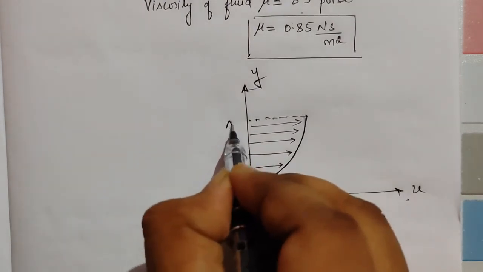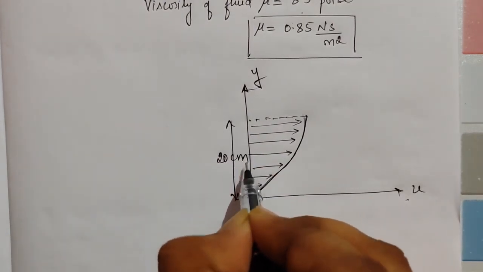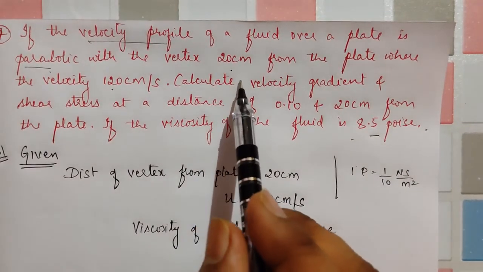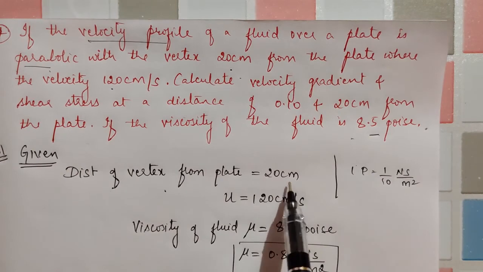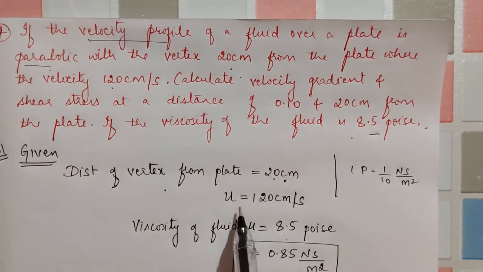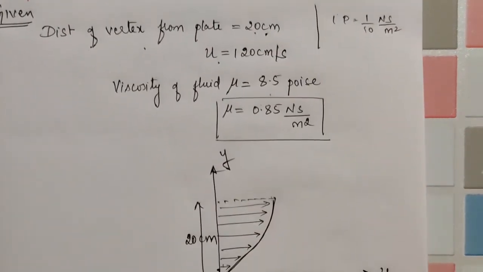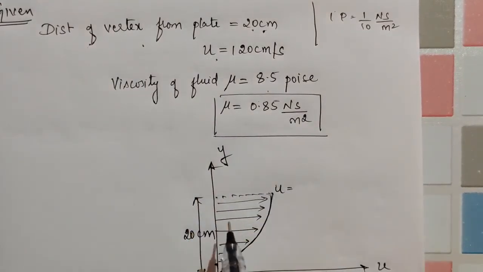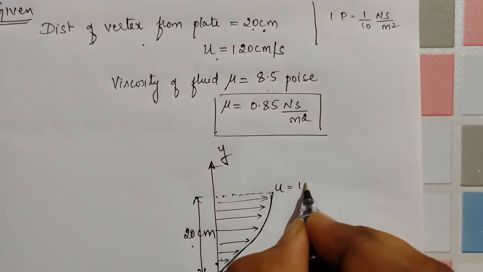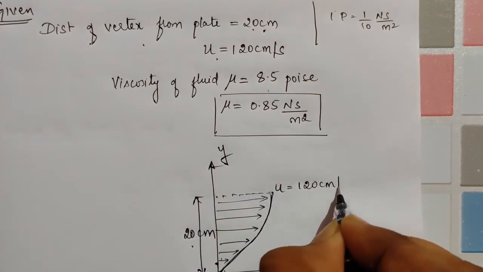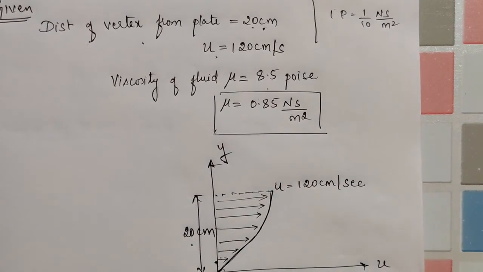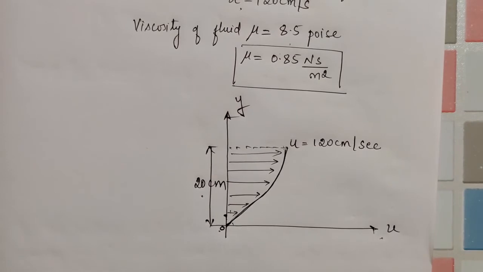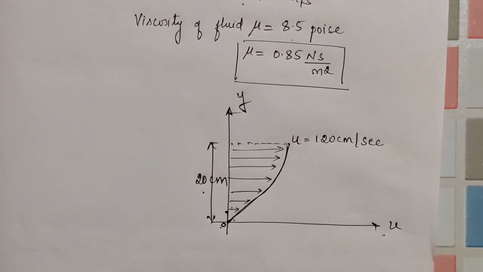When the distance of the vertex from the plate is 20 centimeter, the velocity is 120 centimeter per second. So when y is 20 centimeter, u is 120 centimeter per second. This is what we have to interpret from the given question.